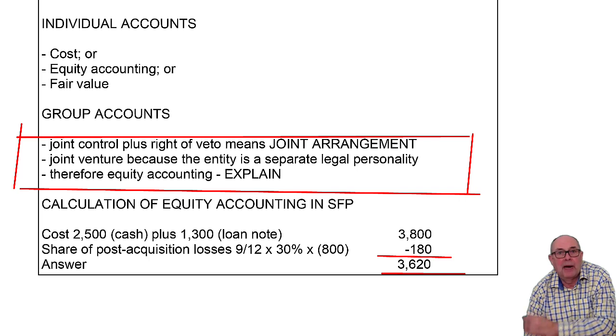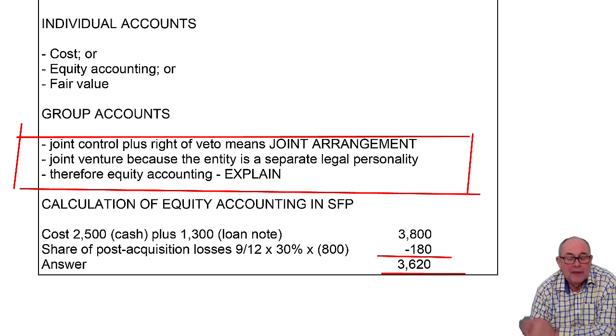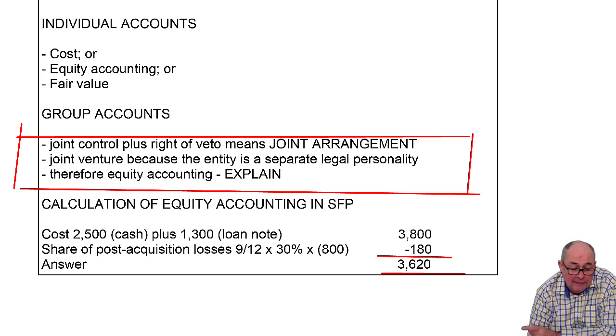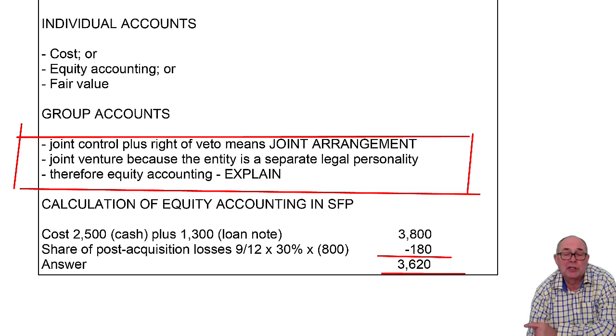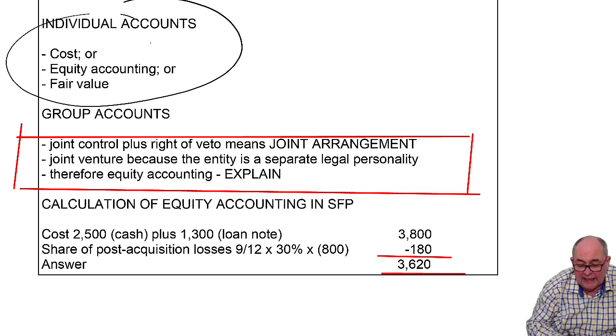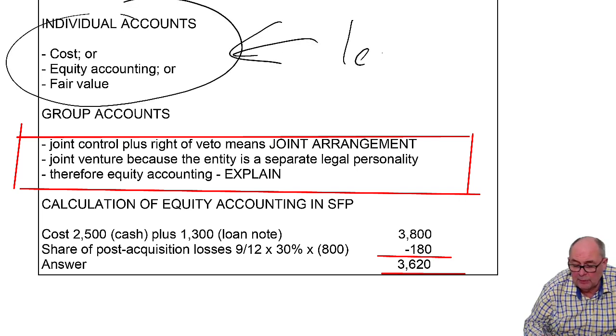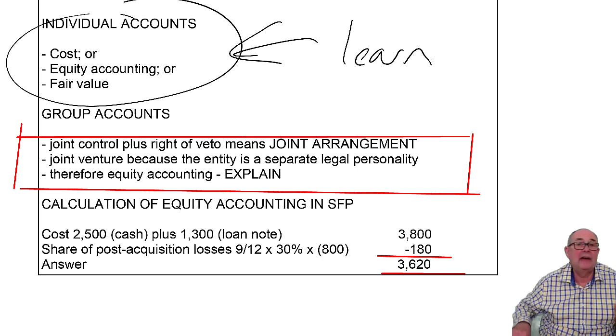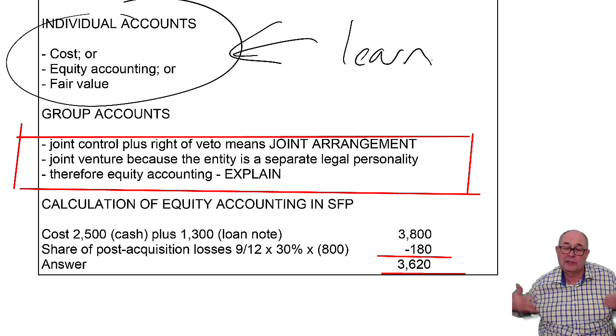So you might say, well, why would they want to mess about? I don't know, but it's a point of knowledge. It's come up before and it will come up again. Whether it's an associate or a joint venture, it's the same. So this bit here is just one of those slightly irritating things that you need to learn. The parent can book it at cost, equity accounting or fair value.